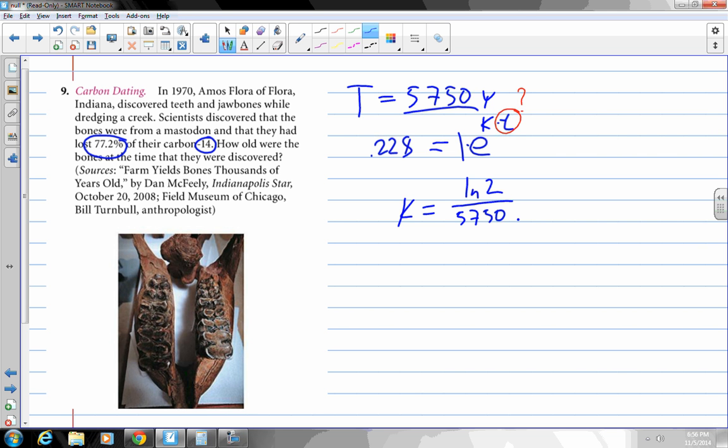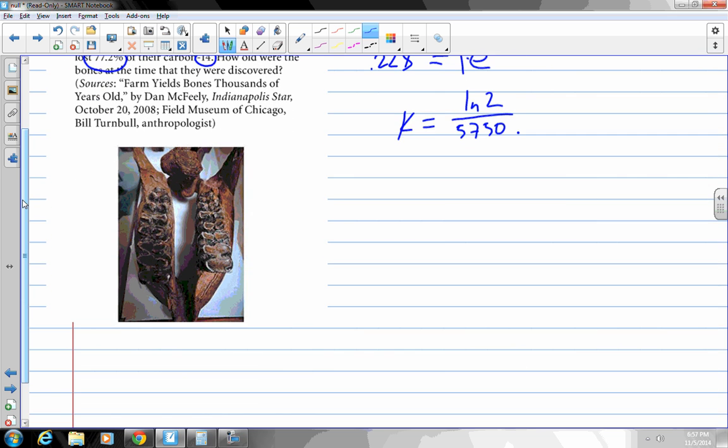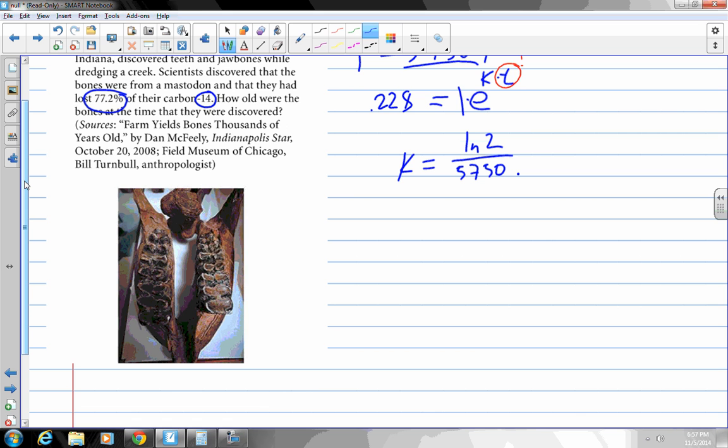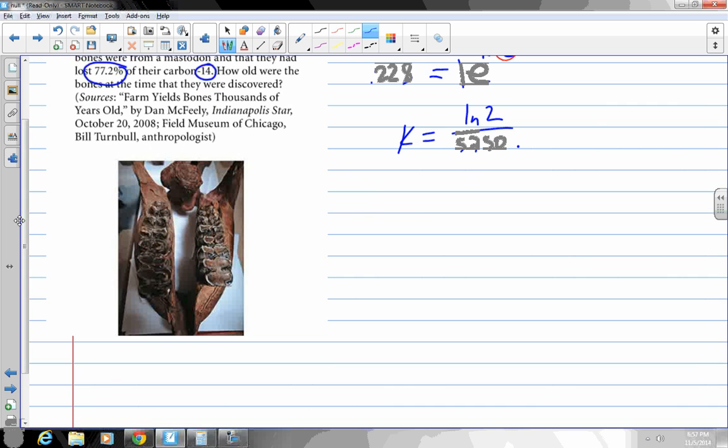I'm just going to carry ln of 2 over 5750, and I'll plug it in the calculator at the very end, because this is a small number, and I have to be very careful when rounding things, because it could be a couple hundred years difference. Okay, so this is where we're at. 0.228 equals e to the power ln of 2 over 5750 times t. So I use that value for k.